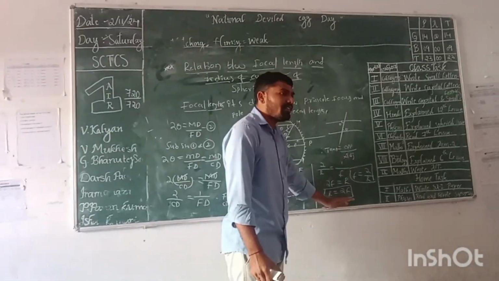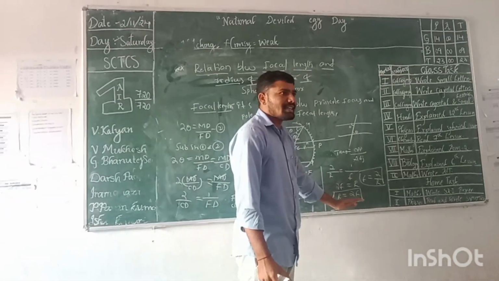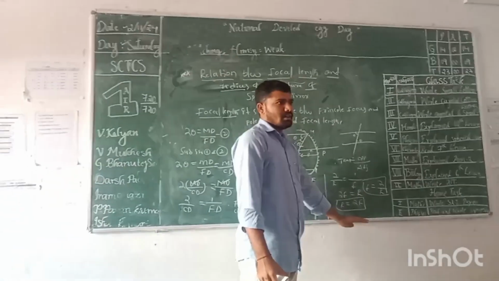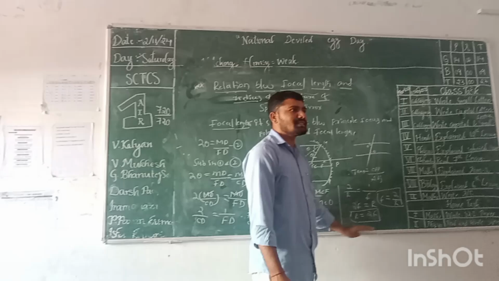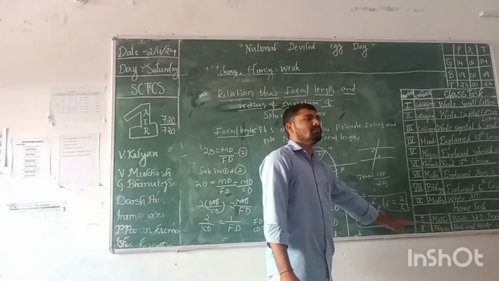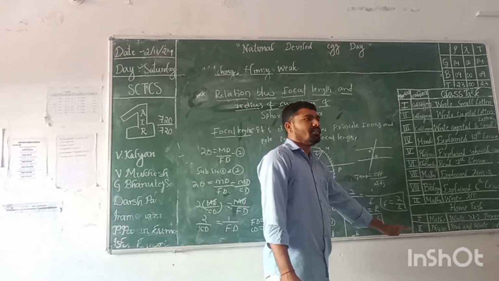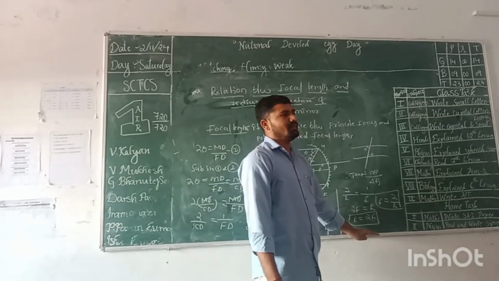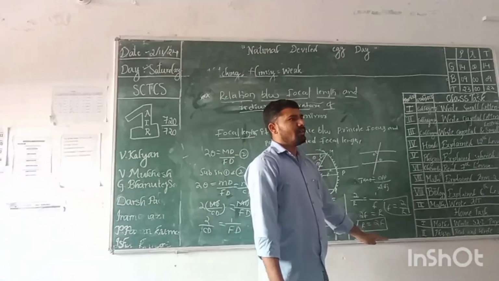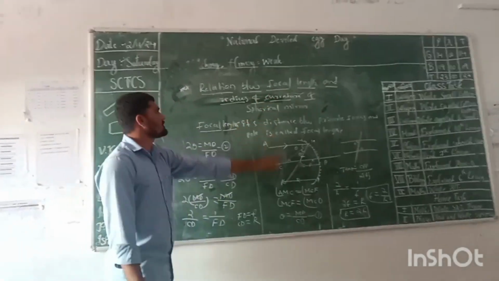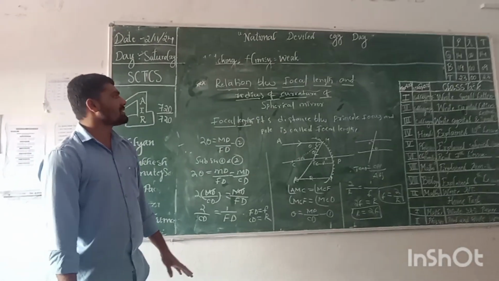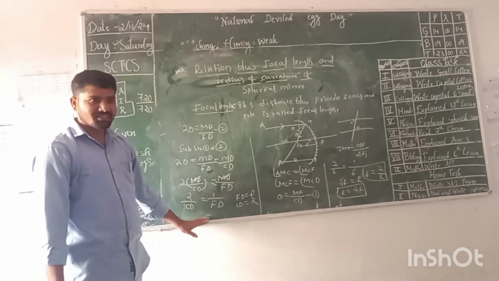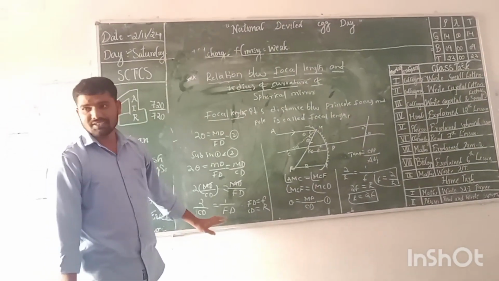This formula is very important in many concepts. To find the focal length from the radius or the radius from the focal length, you use this formula. That is the relation between focal length and radius of curvature. Understand? Any doubts?